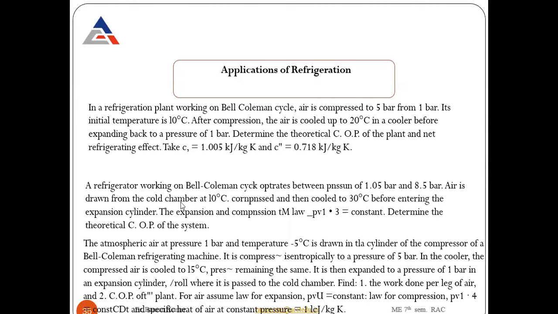Air is drawn from the cold chamber at 10 degrees centigrade. It is compressed and then cooled to 30 degrees centigrade before entering into the expansion cylinder. The expansion and compression processes follow the law PV^1.3 equals constant. Determine the theoretical COP of the system. Okay. Note on it.